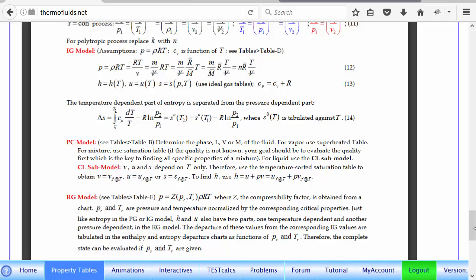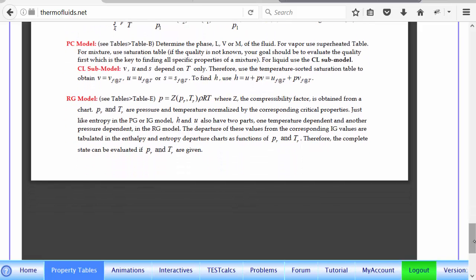And the one model that we are skipping is the RG model. Even though it's called the real gas model, actually this is the most inaccurate of all models. Essentially, the real gas model is a universal model for any gas. For instance, it can be used even for a PC fluid, a phase change fluid. So the RG model is a universal model that tries to fit any material in one unified model.